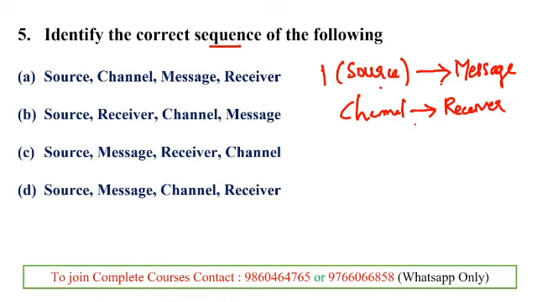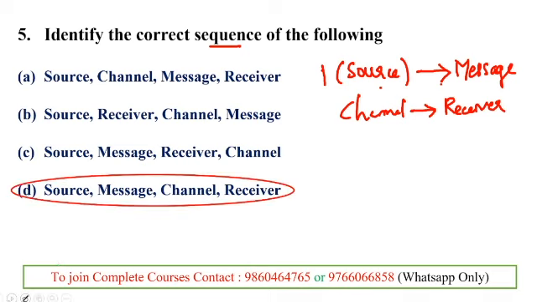So these are the important steps of communication, and from source to the receiver two important points take place: one is message and the other is channel. Clear? So this is the answer: source, message, channel, and receiver. You can also call this the SMCR model, SMCR model of communication.